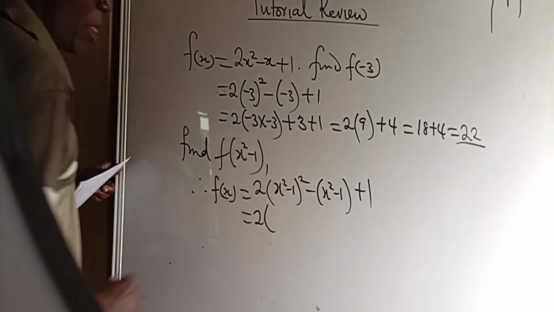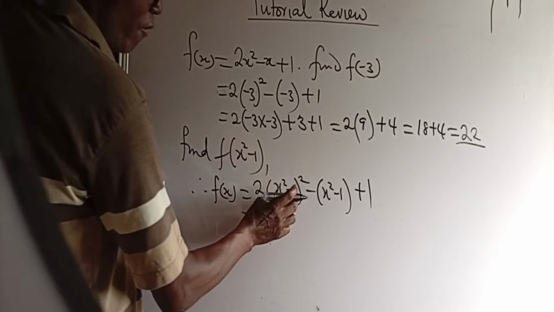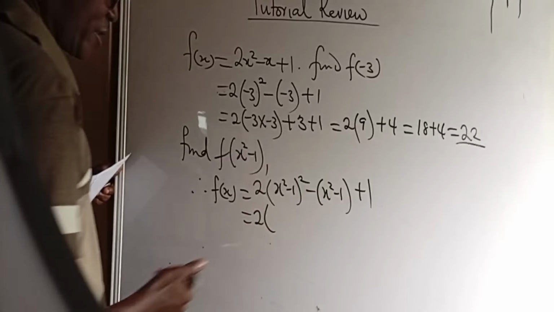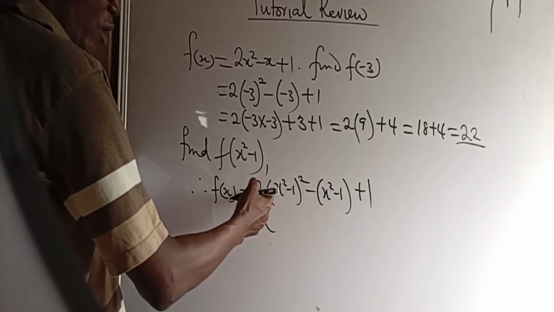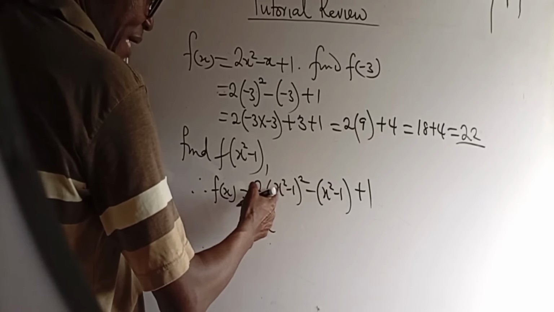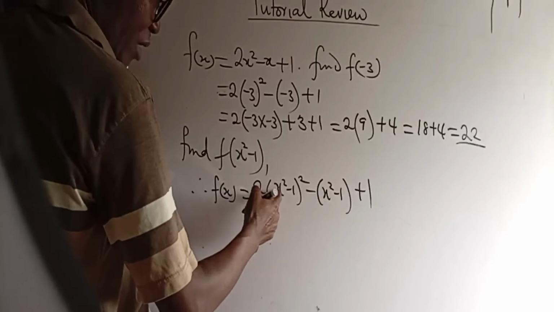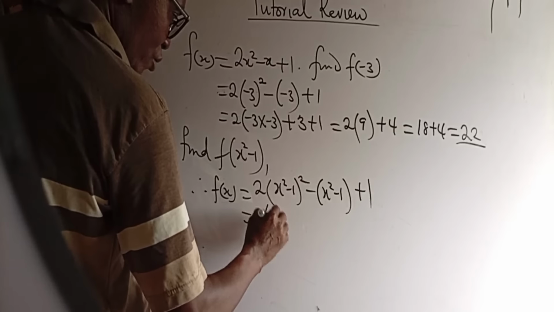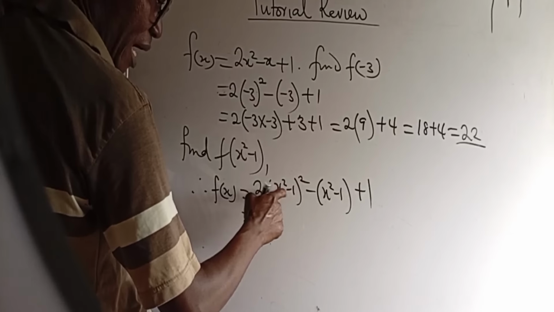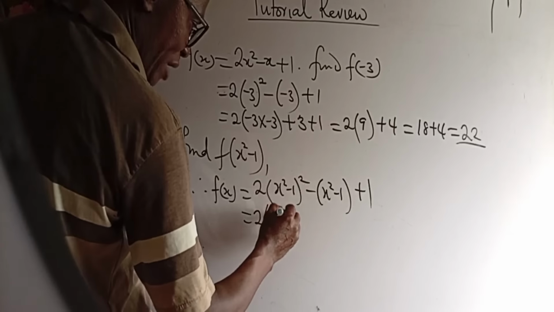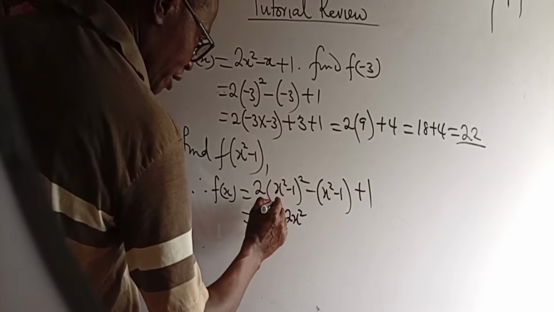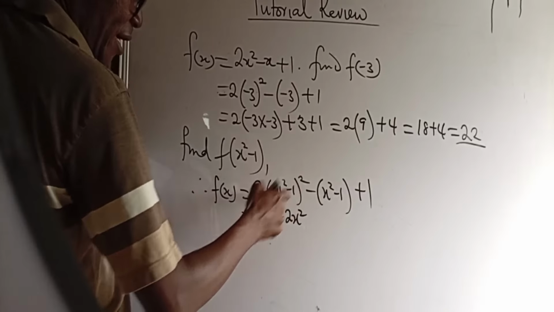So you have 2 into, now, what is the square of this? There was a time I taught you a method on how to find the square of something like this. If you want to find the square of this, multiply this by this. You have x squared times x squared, that is x raised to power 4.